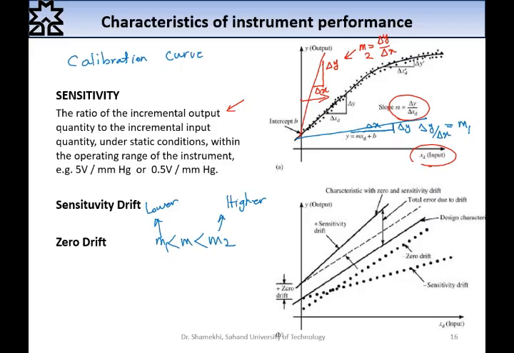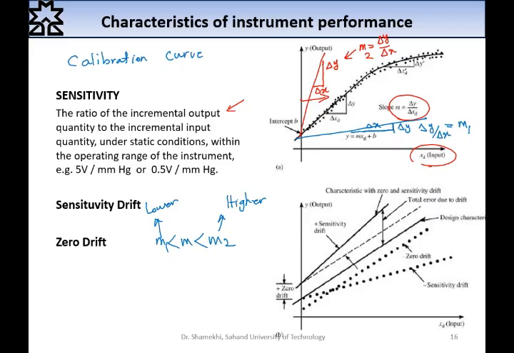And in some situations, the sensitivity will drift. Because of some problems or some varying of the situation, it can change, and we call that sensitivity drift.